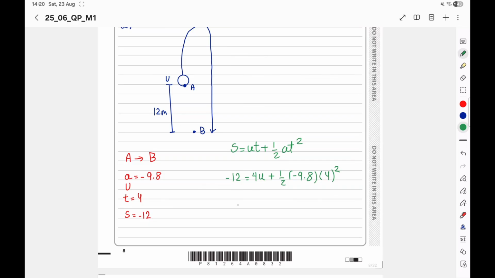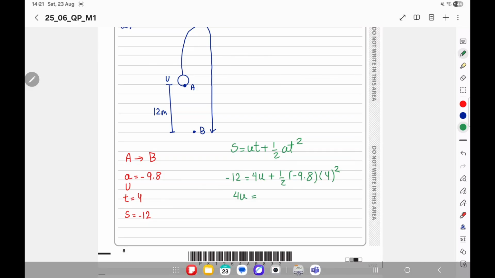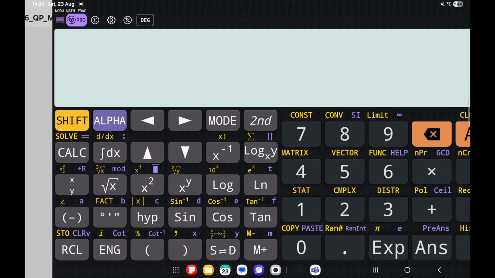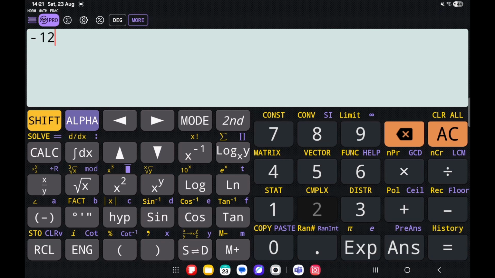Simplify the expression and make u the subject. u equals negative 12 minus half multiplied by negative 9.8 multiplied by 4 squared, all divided by 4.